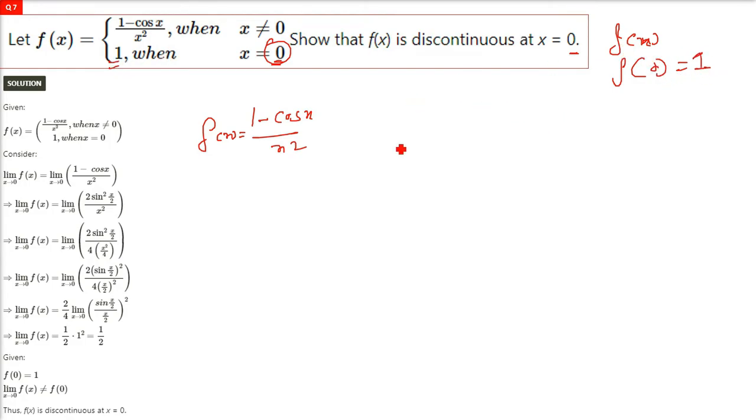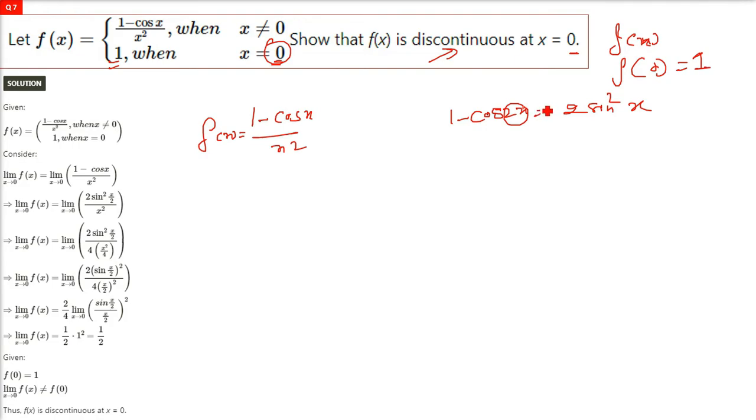So for 1 minus cos x by x square, we'll use the formula. We know that 1 minus cos 2 theta is 2 sin square theta. So 1 minus cos x is 2 sin square x by 2.